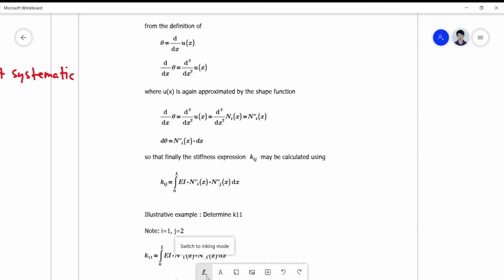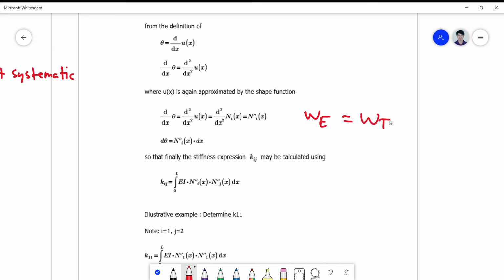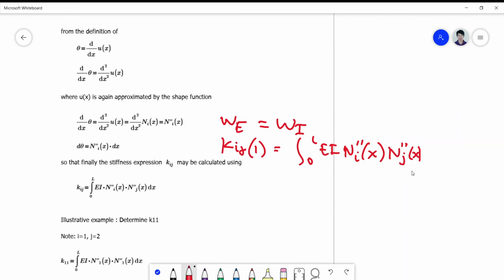Upon substituting d theta and equating it to your external work done, which is Kij, here we actually equated WE and WI, because this is simply Kij times 1, which is your delta, equal to the integral from 0 to L of EI, N double prime ix, which is your d theta, times your N double prime jx, which is your moment, dx.